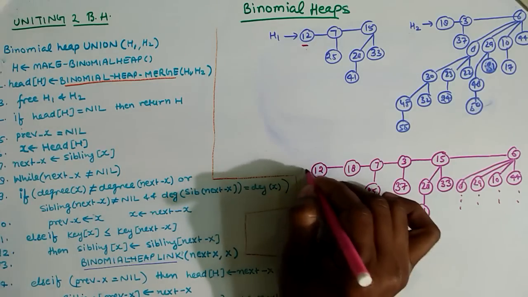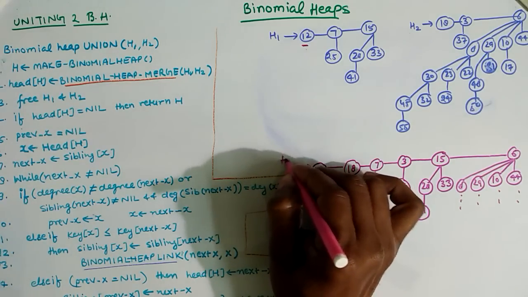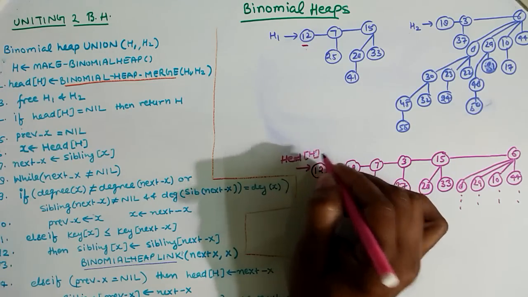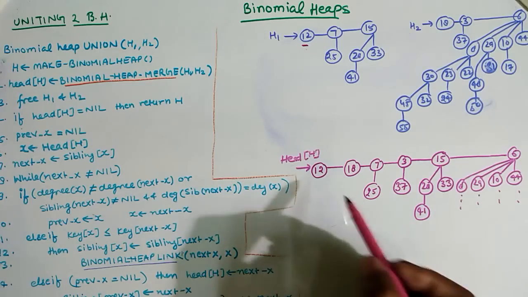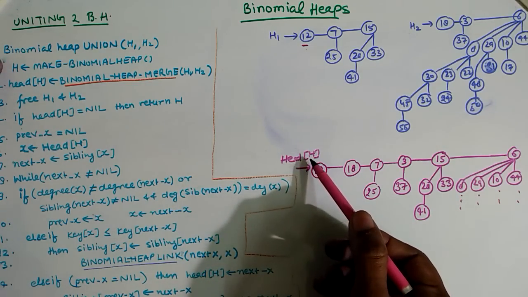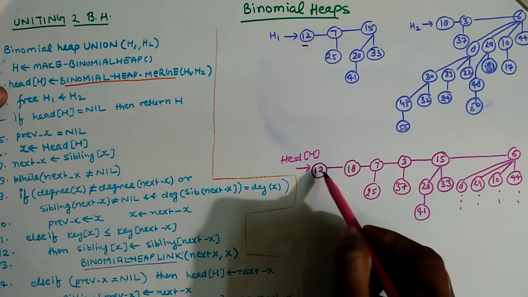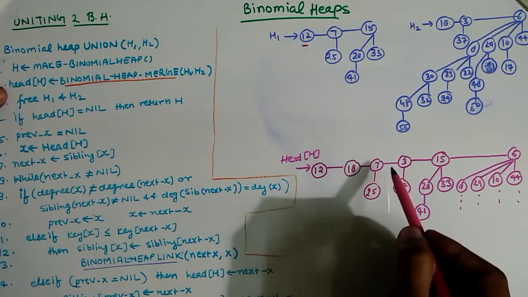Okay, so the outcome is, this is the head of H, this is the auxiliary heap which is created here. Then head of H will contain the heap outcome of the heap merge procedure. And what is the heap merge procedure?